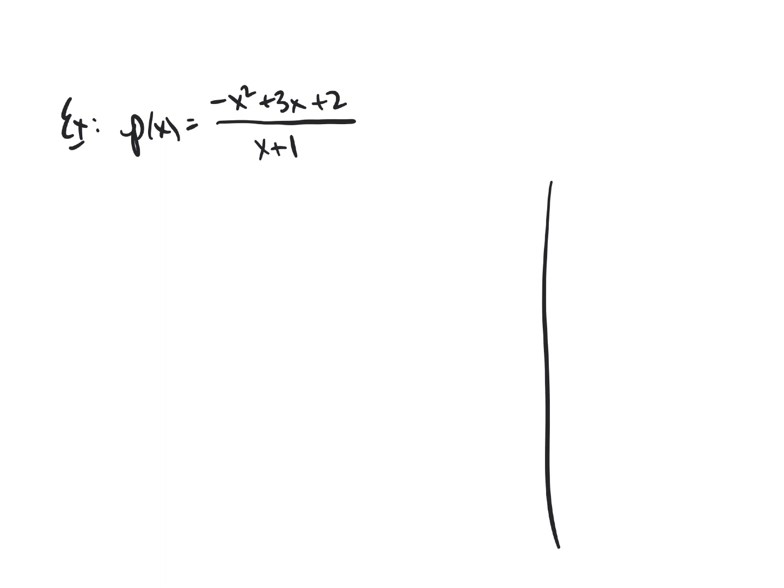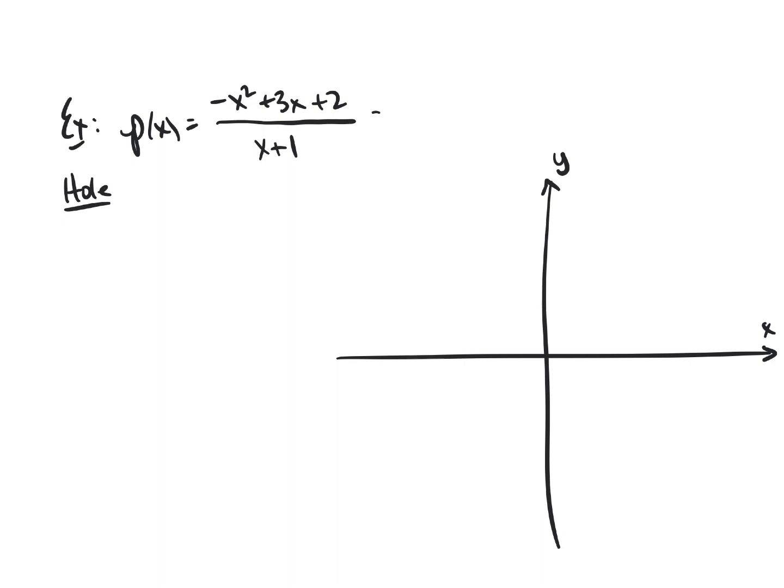The last example I have here I called P, and the function is negative x squared plus 3x plus 2 on top of x plus 1. Okay, and we're going to try our best to get a decent graph for this function. Okay, so step number 1 is to factor, cancel, and check for holes.